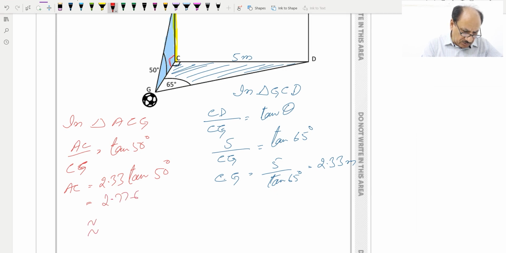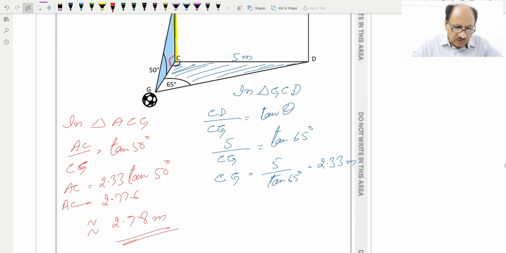A rounded answer will be AC approximately equal to 2.78, and this will be in meters, and this is the answer.